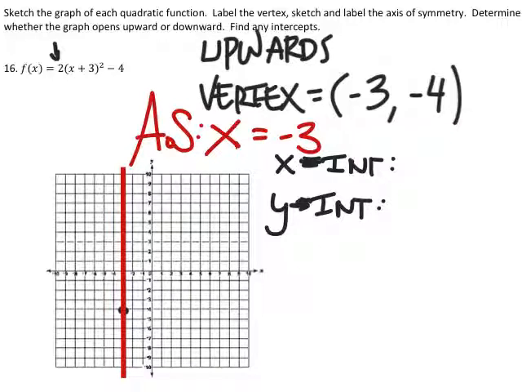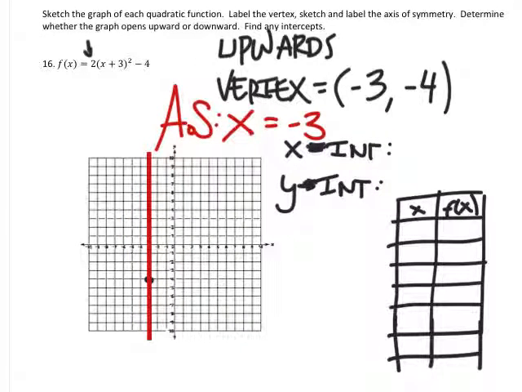So let's go ahead and see if we can figure out what those are by using a table. Alright, we can just try whatever values we want to try with this. We know the y value where x is negative 3. So let's try values to the left and right of negative 3, such as a negative 2 and also a negative 4.